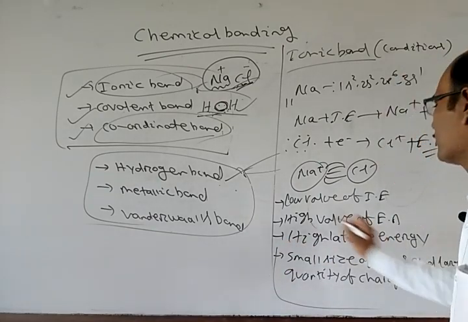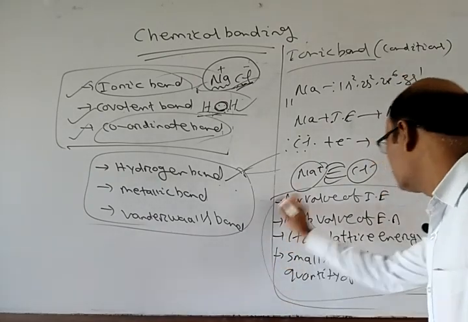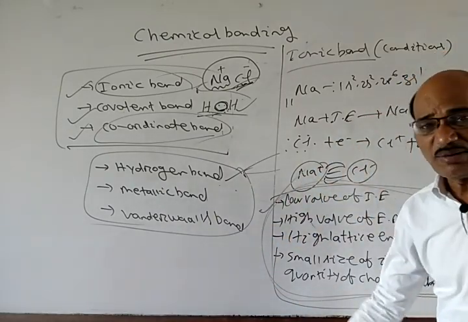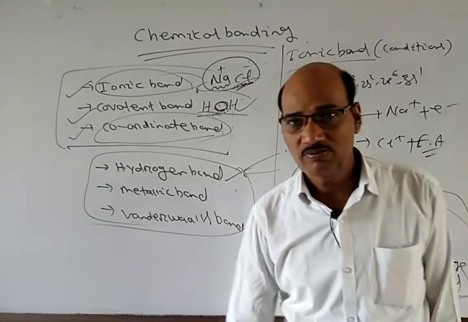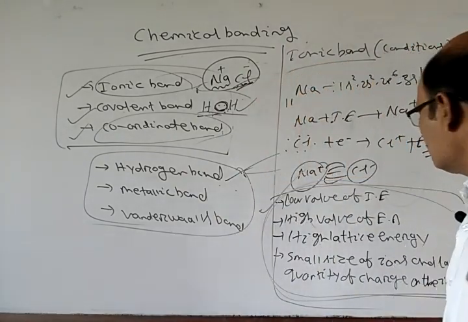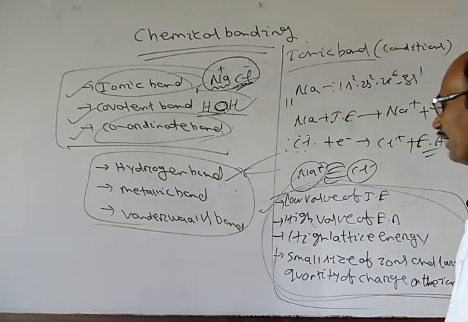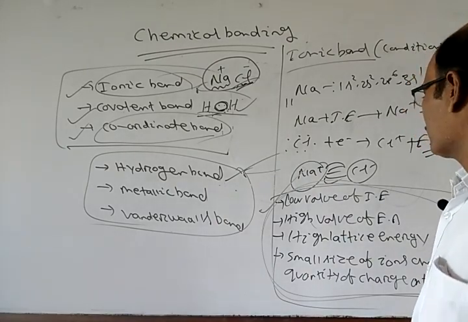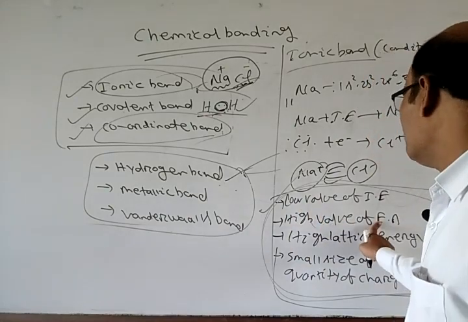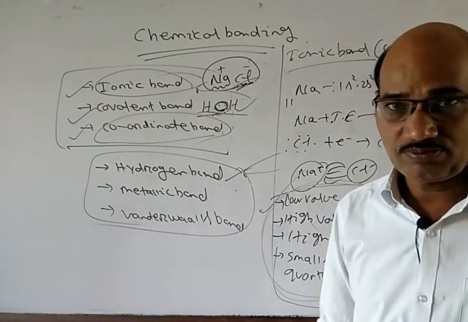So these are the conditions for the better formation of the ionic compound: small size of the ions, large quantity of the charge, low value of ionization energy, high value of electron affinity, and high value of lattice energy.